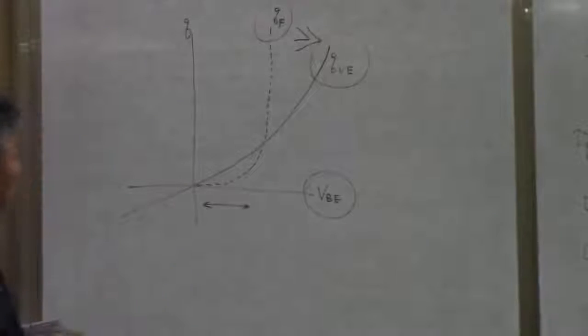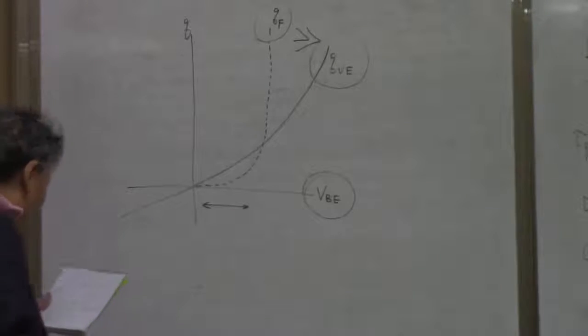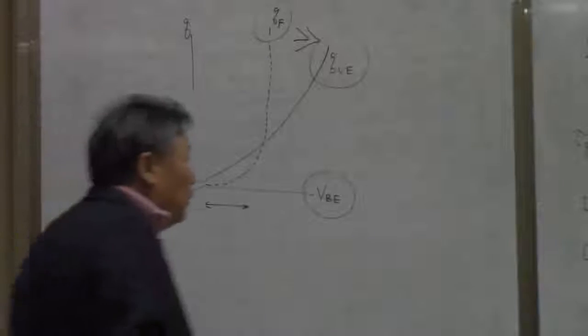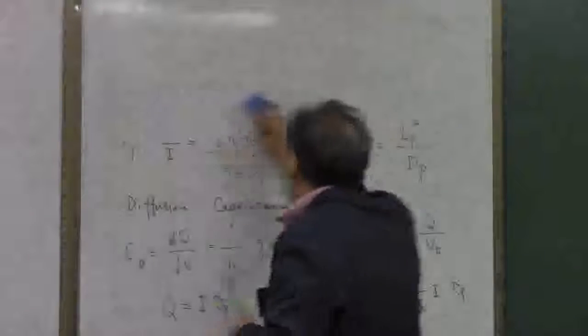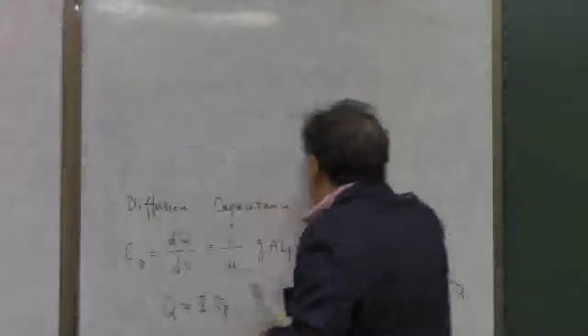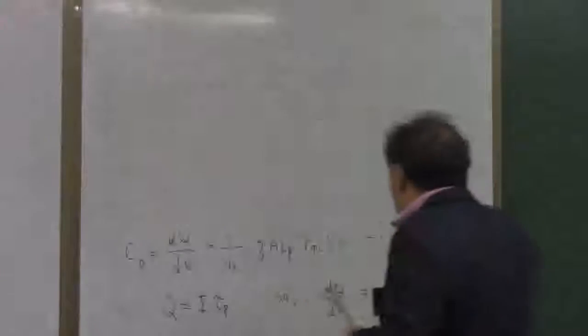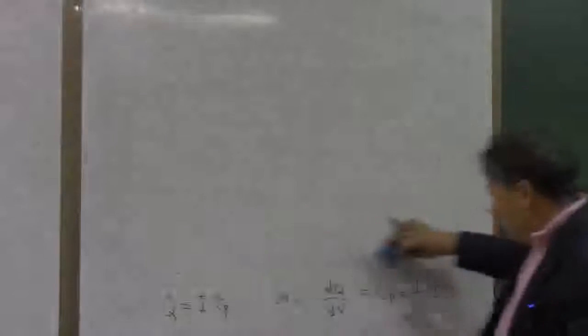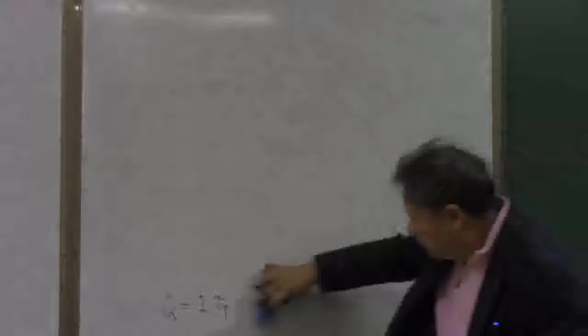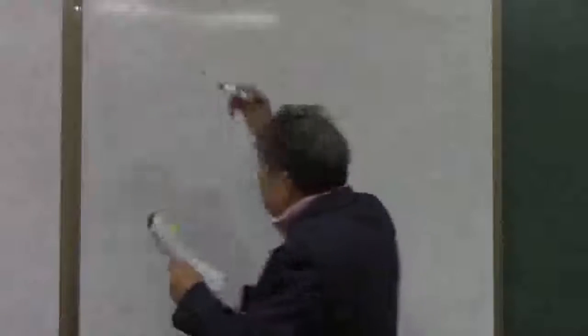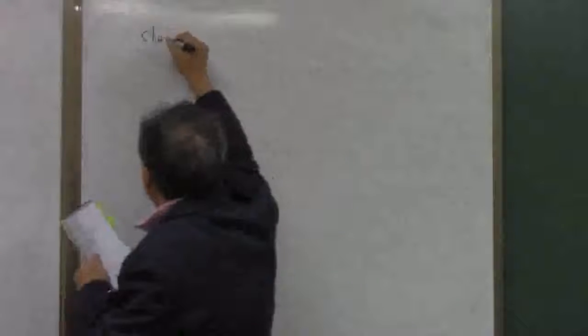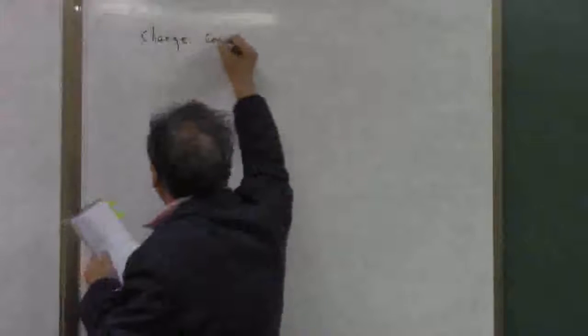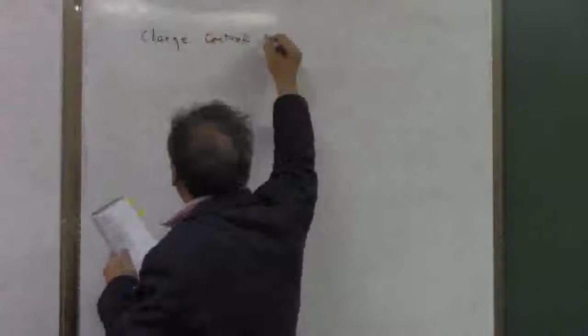So the next thing we're going to do is develop a charge control model. We have covered this in the Ebers-Moll model a little bit, but this time we're going to talk in a little more detail on that. Charge control model.